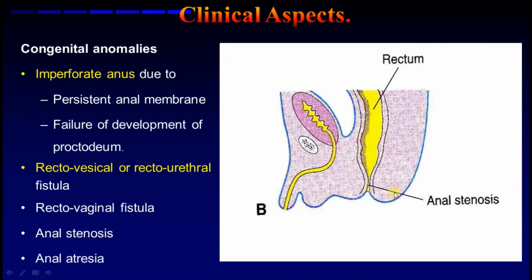Stenosis and anal atresia: stenosis is narrowing of the lumen of the anal canal. Anal atresia, again, it might end as a blind tube or it might fail to develop, atretic. Okay. So that is all about the rectum and anal canal. Thank you very much for your patient listening.